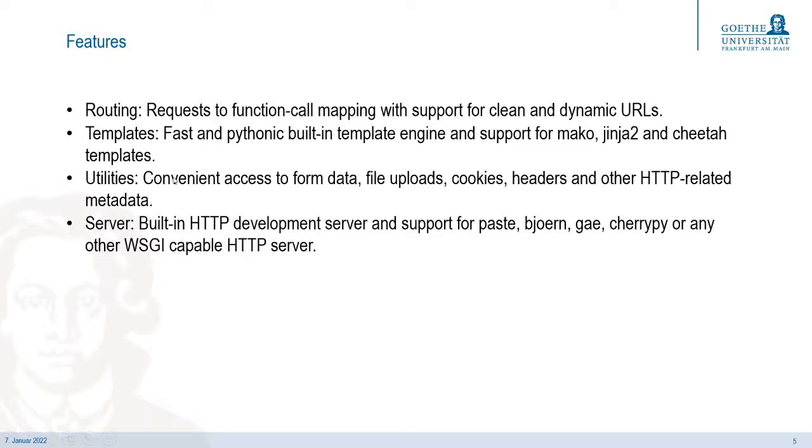Thirdly, it offers convenient access to form data, file uploads, cookies, headers, and other HTTP-related metadata. At last, Bottle runs on a built-in HTTP development server, and it is compatible with other HTTP servers like Bjoern and CherryPy.